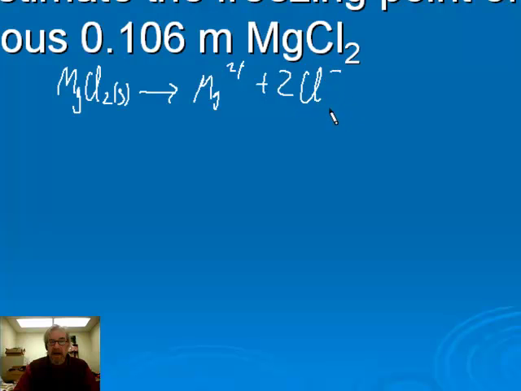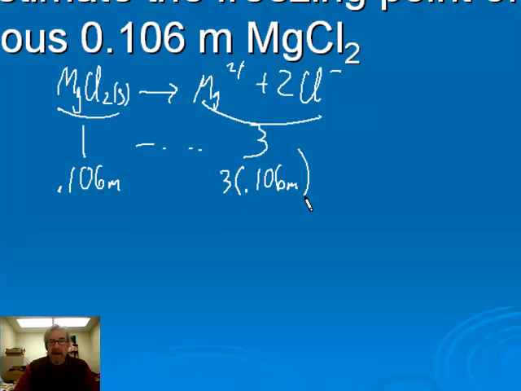So every mole of magnesium chloride that we dissolve actually gives us 3 moles of particles. So if we have 0.106 molal MgCl2, what we really have is 3 times 0.106 molal particle concentration, and that's equal to 0.318.